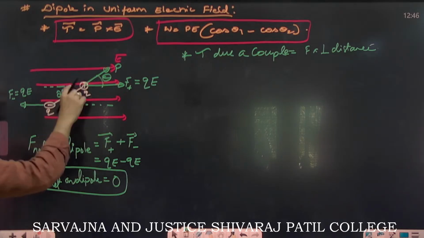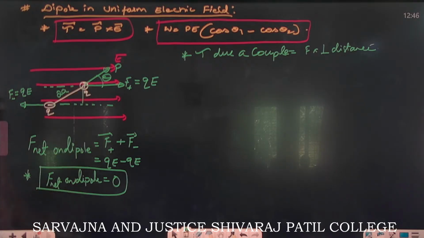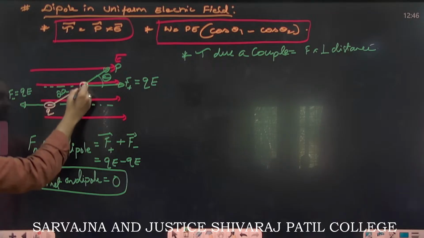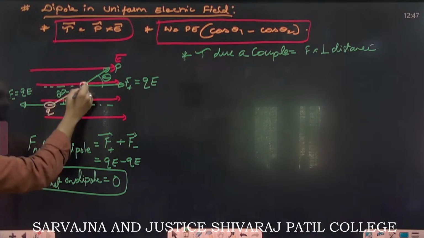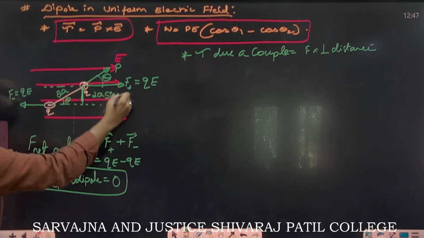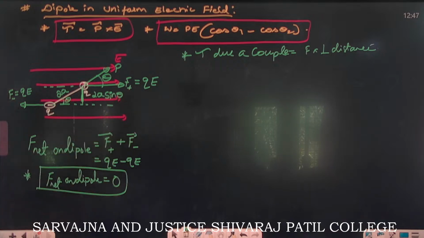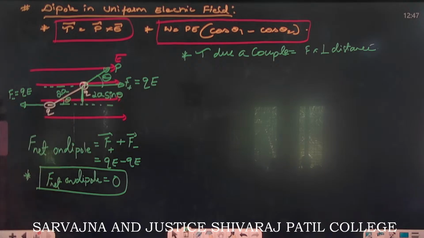So what will be the perpendicular distance? The perpendicular distance is this, yes or no? Now look at this right angle triangle. This angle is theta. And what is this? This is the perpendicular distance between this force and this force.